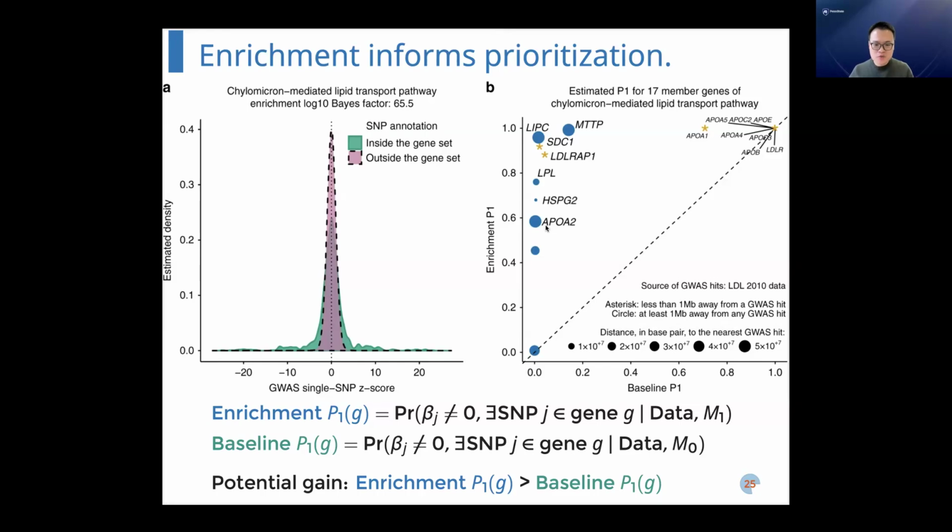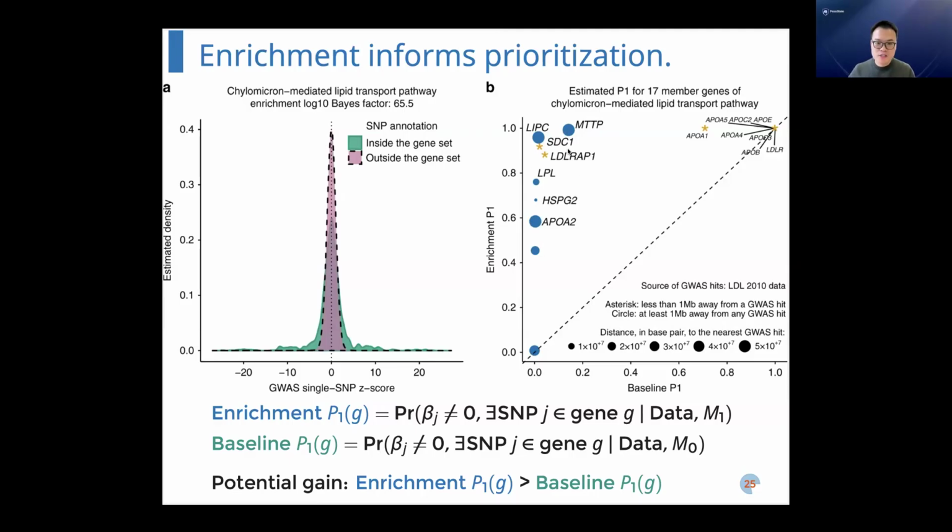But if you introduce the gene set enrichment information into their analysis, their posterior association probability rises all the way to very large values, almost like 0.9, 0.95. Okay, so this kind of potential gain of power really comes from the enrichment, because without the enrichment information, these genes will not be nominated in our analysis.